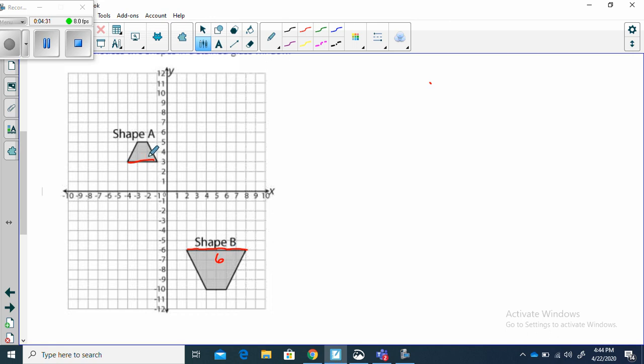If this side is 6 and this side is 3, and I'm trying to get from shape A to shape B, why don't we dilate shape A by a scale factor of, what scale factor would I need to use to make this figure the same size as this one? If I'm going from 3 to 6, what do I need to multiply by? By 2. So we're going to dilate shape A by a scale factor of 2.